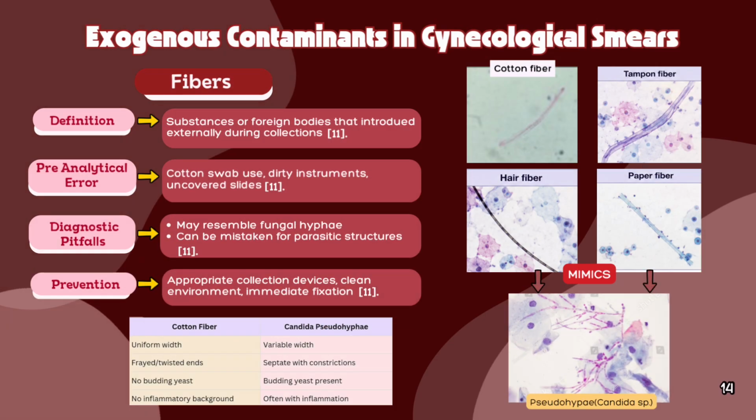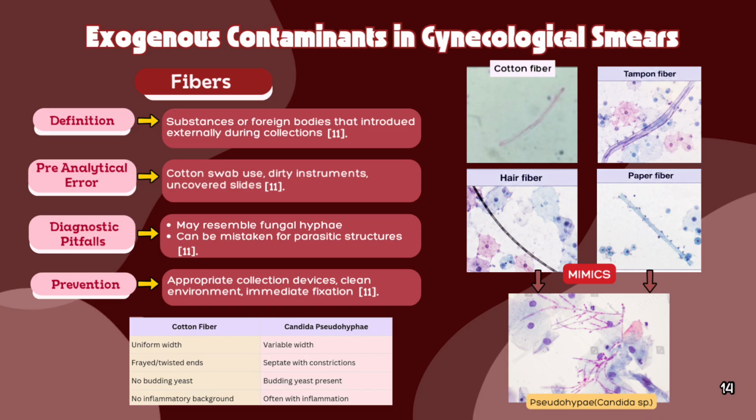Next is fiber contaminants found in the gynecological smear. Fibers are foreign materials that are accidentally introduced into the smear from external sources during sample collection, preparation, or handling. Common examples include cotton fibers from swabs, tampon fibers, hair fibers, and paper fibers.